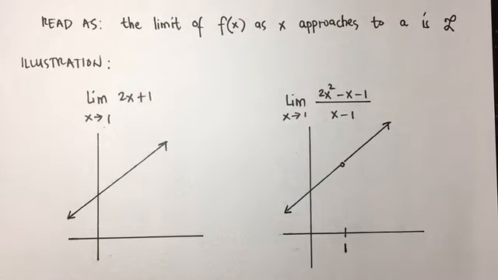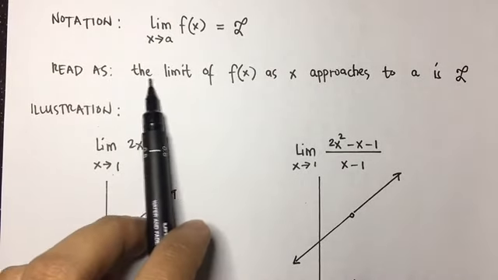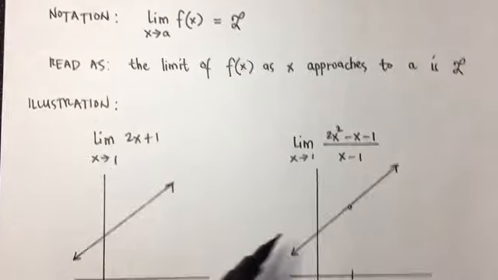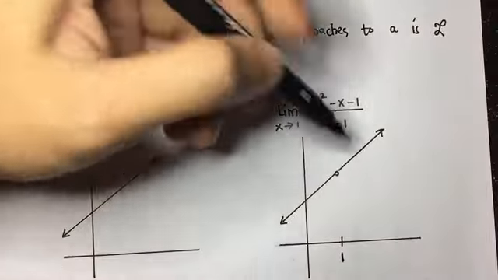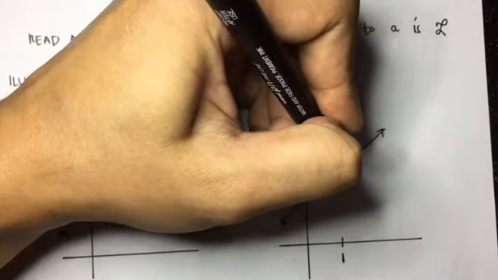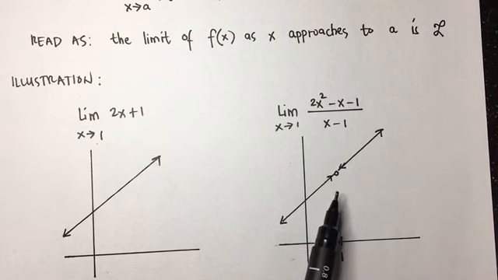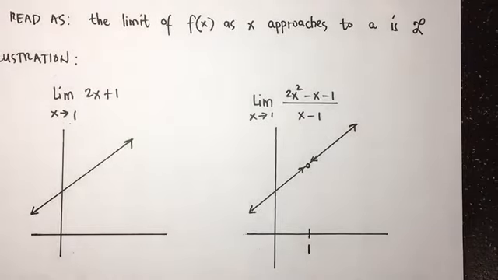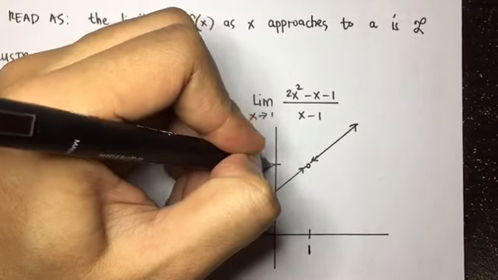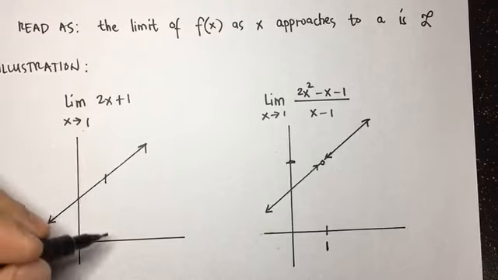But since this is a limit problem, what is the value of this function as x approaches 1? Although it is not defined at this point, based on the graph we can see that it is the same as the other function, because they are identical except at x equal to 1.